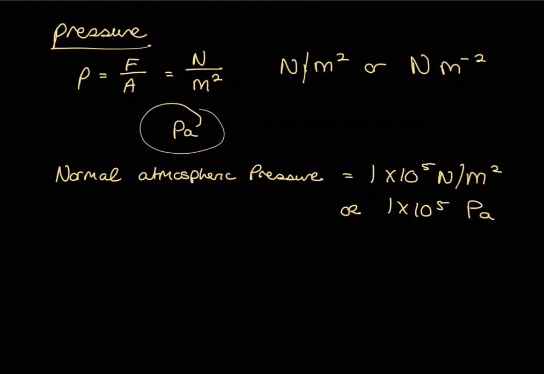Okay, and it doesn't matter which one you use, but as long as we just want to keep the units the same at the very end of the answer. So just be wary of which one you're using. They're the exact same thing anyway.